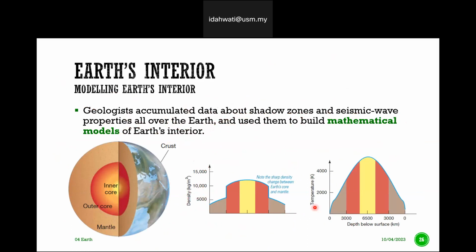We have a density graph and a temperature graph. At a very high depth, about 6,000 kilometers from the surface, the innermost part, the temperature will be very large, here in the yellow area. The same goes for density: if the depth below the surface is very large, very near the core, the density is also very large.